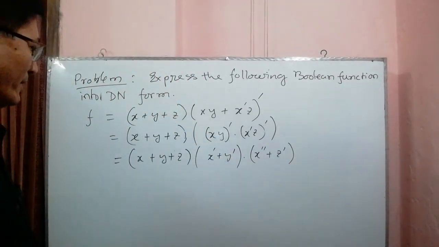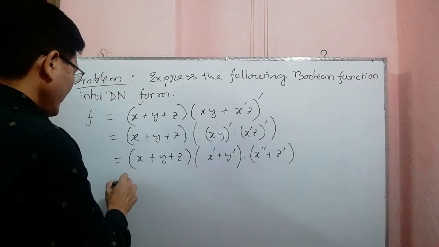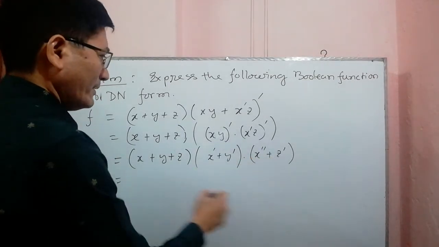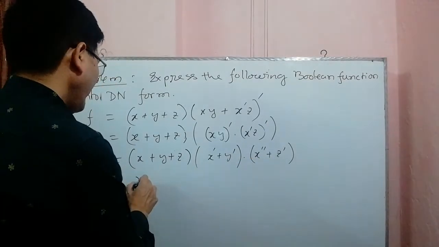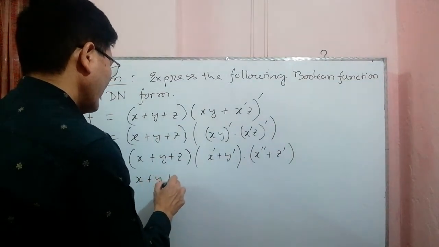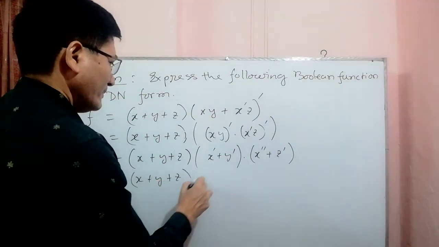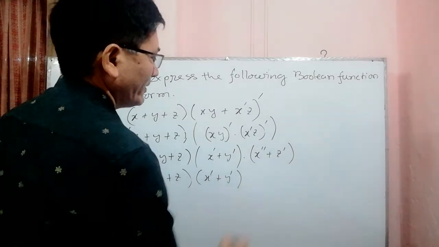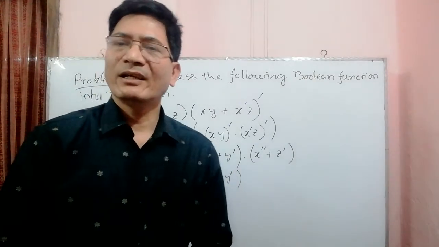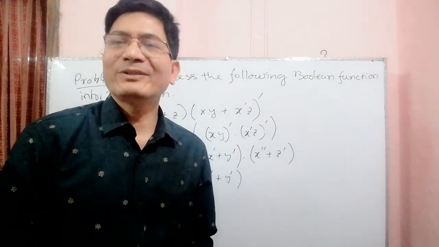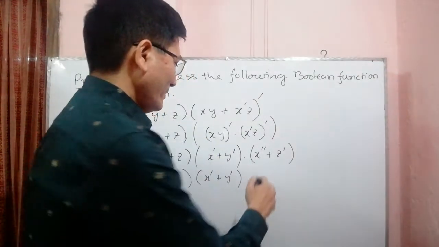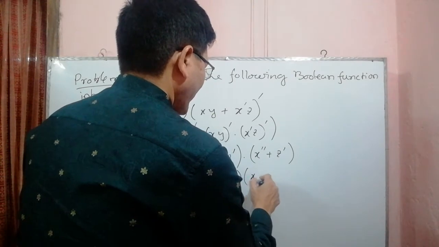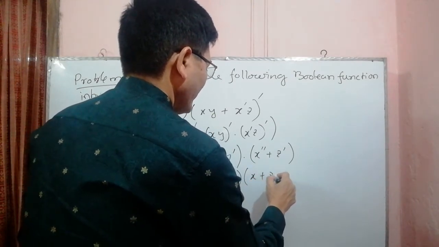Carry on simplification again and again: x complement plus y complement, and you know double complement means the original variable will come here, x plus z complement.